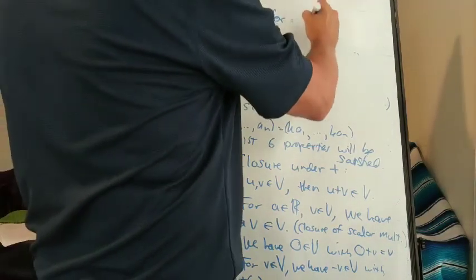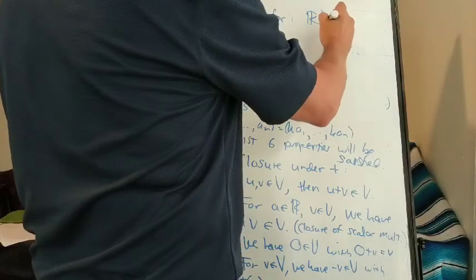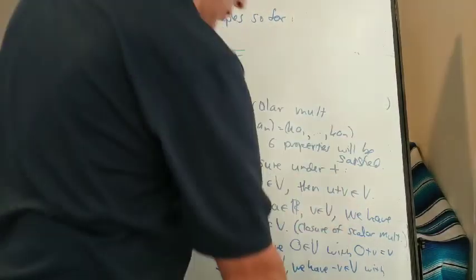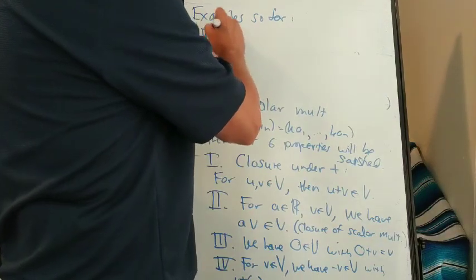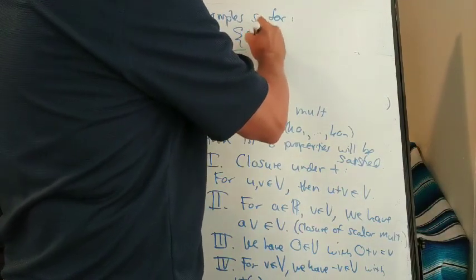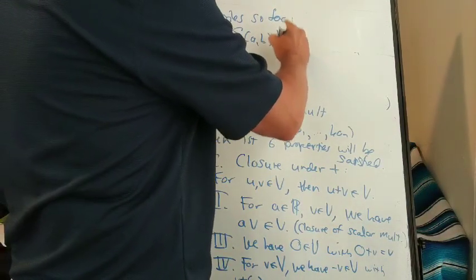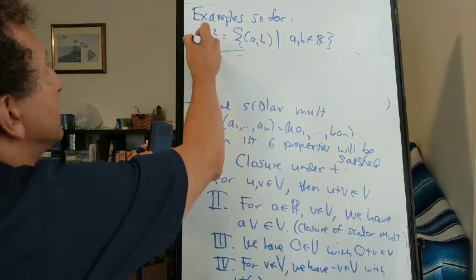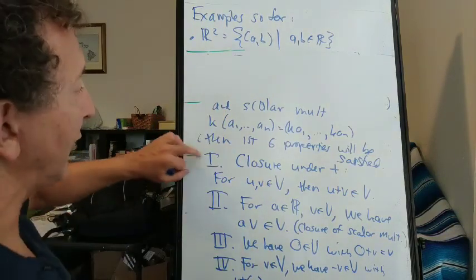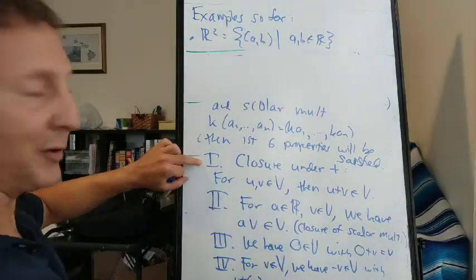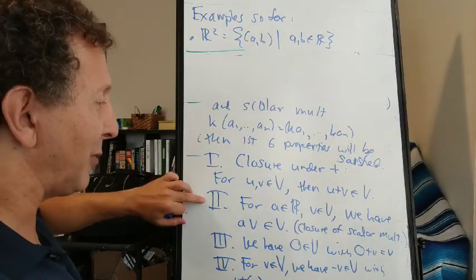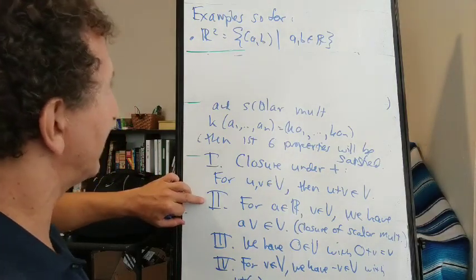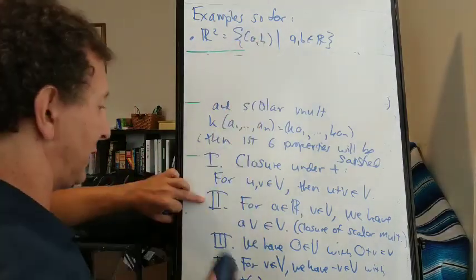So the examples we looked at so far were R2. R2 is the set of all ordered pairs AB, where A and B are real numbers. Now if we add 2 of those, we get another pair of real numbers. If we multiply one of those by a single real number, then we still get real number, real number.